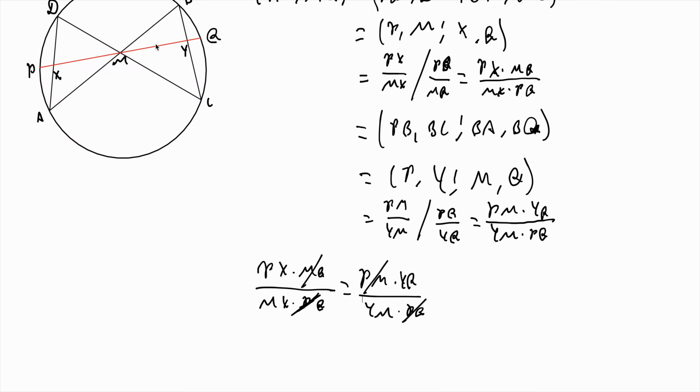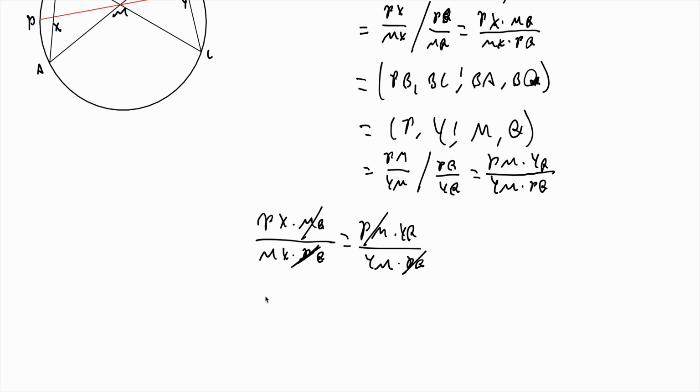So rewriting, we have PX over MX equals YQ over YM.